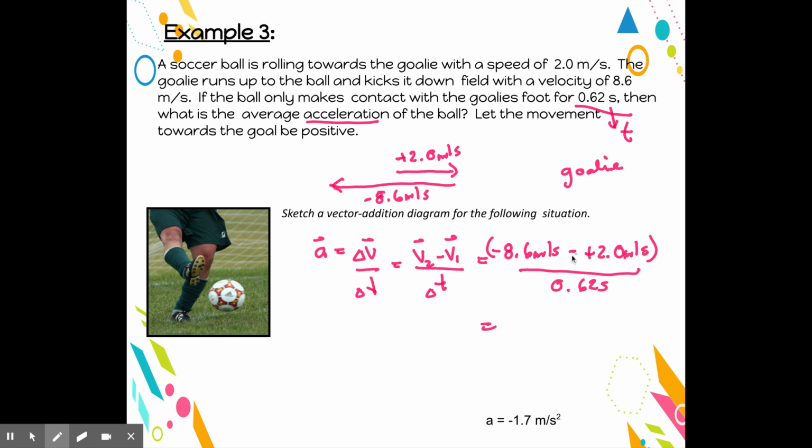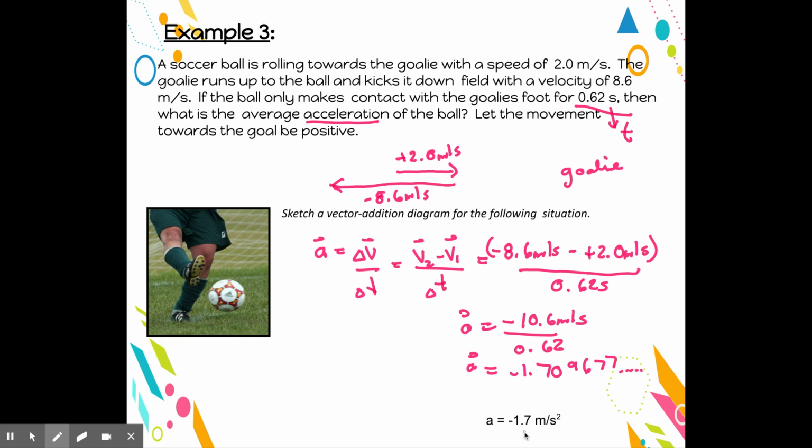So if I do the subtraction, I should get negative 10.6 meters per second divided by 0.62, and a is equal to negative 1.709677 meters per second squared.